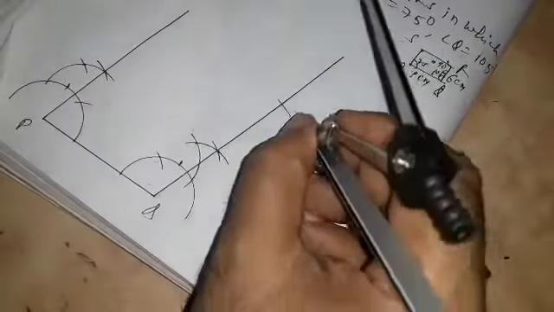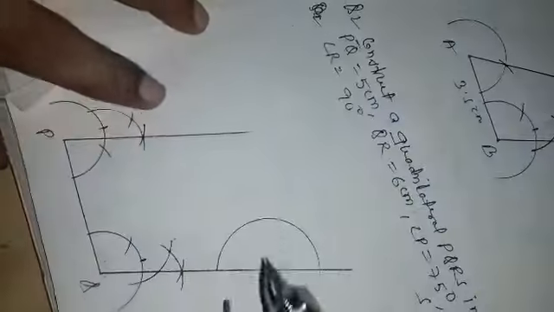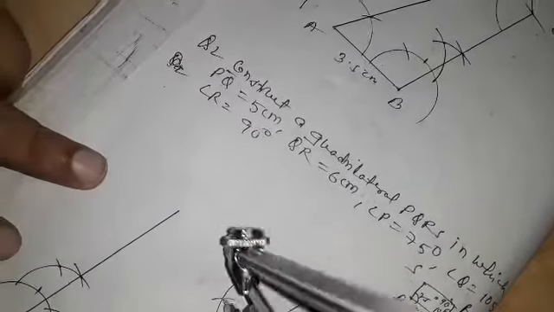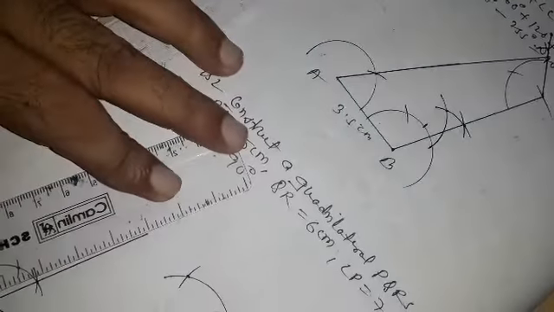This is point R. Now at point R make an angle of 90 degrees, and produce this line segment.